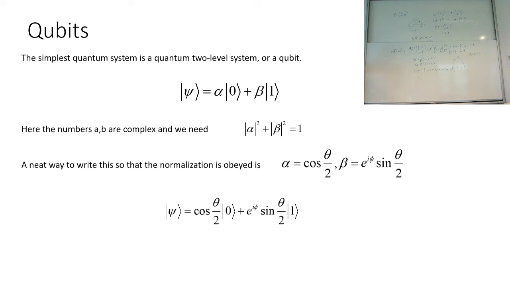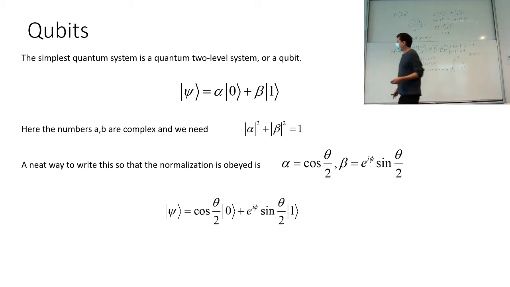But here we've got just two levels, and we've got these coefficients alpha and beta, and again these are complex in general, but we need the modulus squared of these to add to 1.